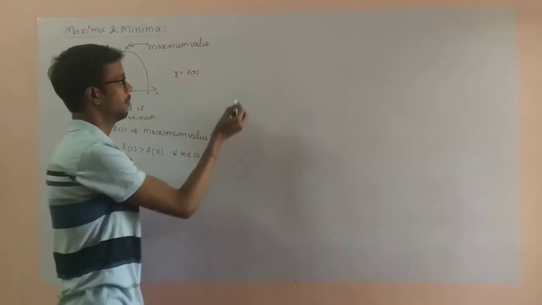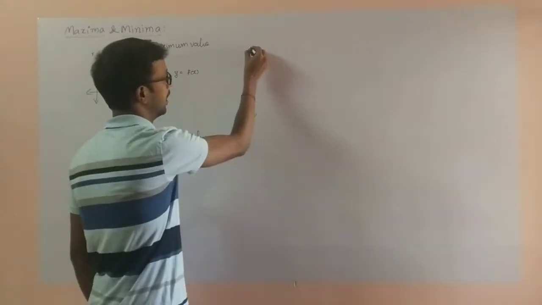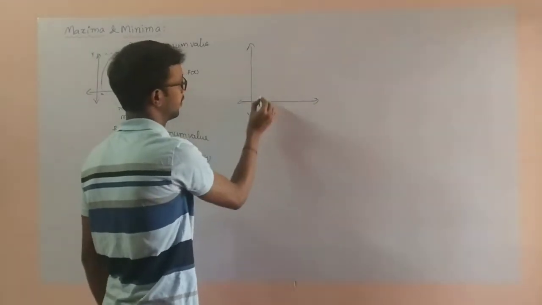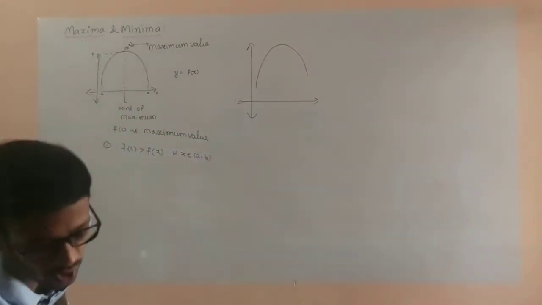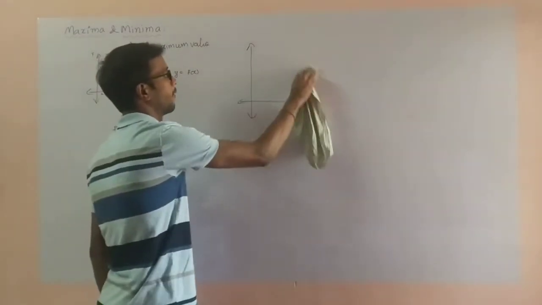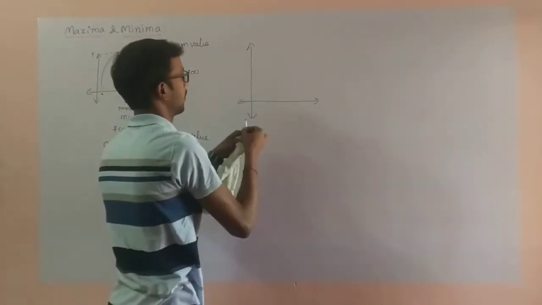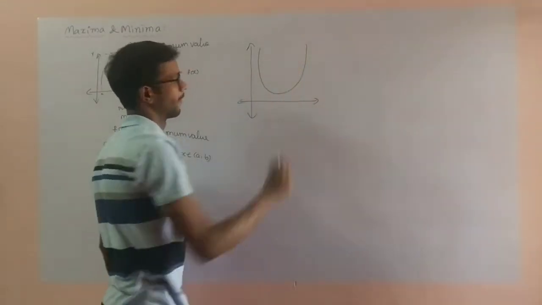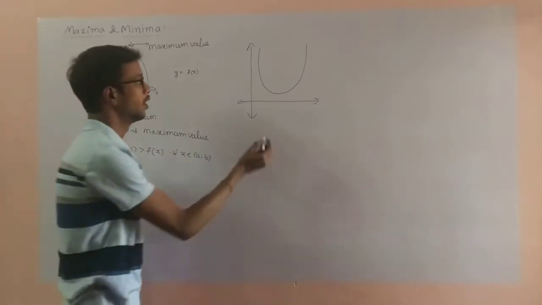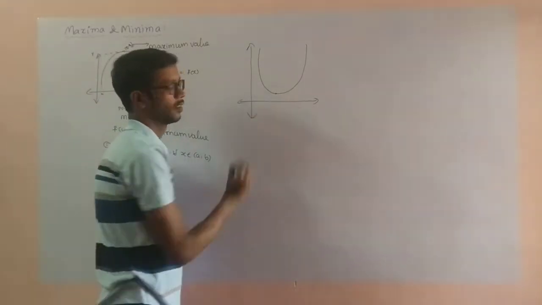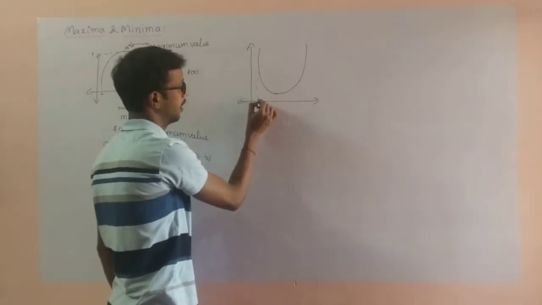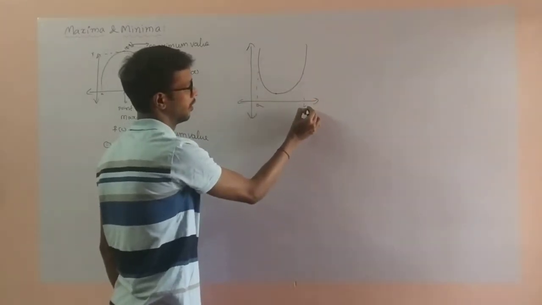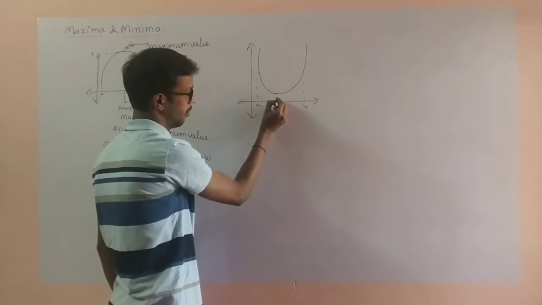Next, similarly, minimum. How will we find the minimum value of the function? Take a parabola. What is the minimum here? This is the minimum value. This interval I am taking as a, b. In this interval, c is one point.